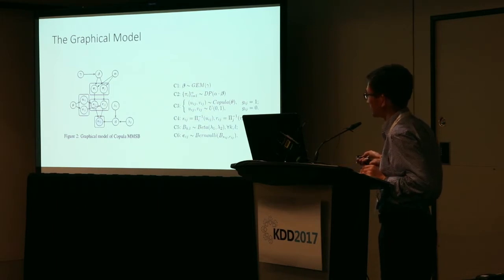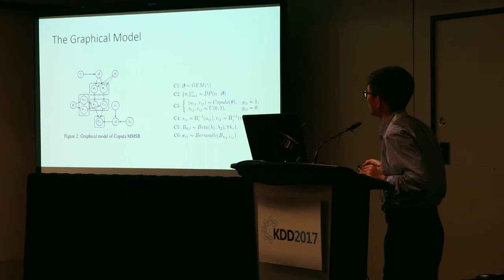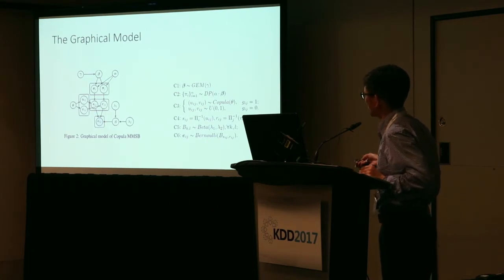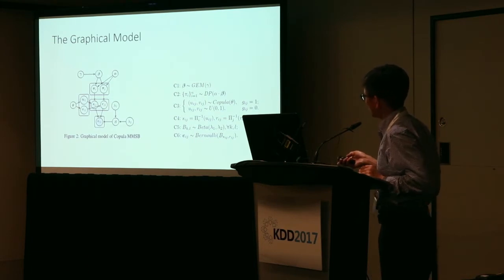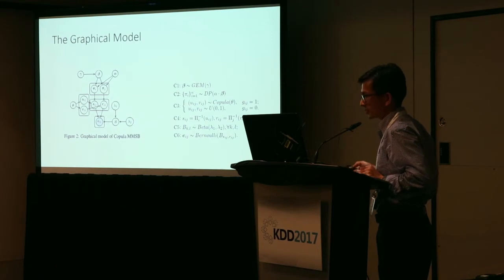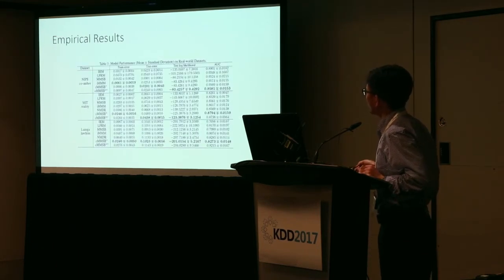You can certainly change the copula for the whole population, like using a Gaussian, but in our case we use the gamma copula, so they are partially correlated. Then you can do the inference, like MCMC, to find the parameters. That's the key idea.